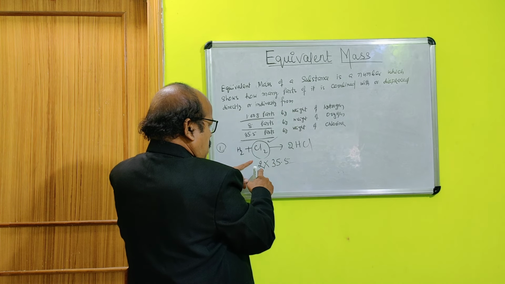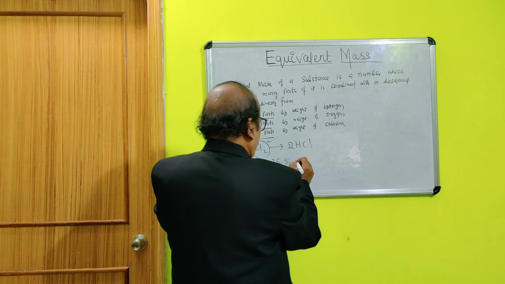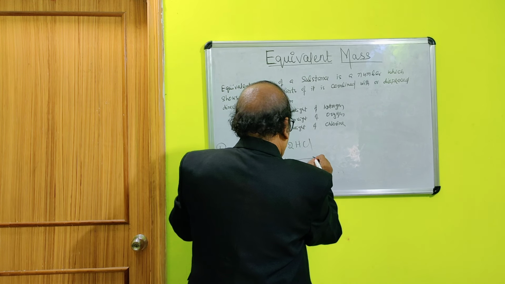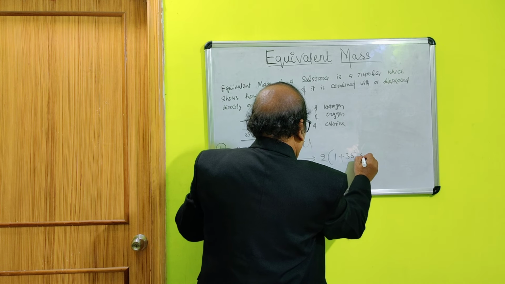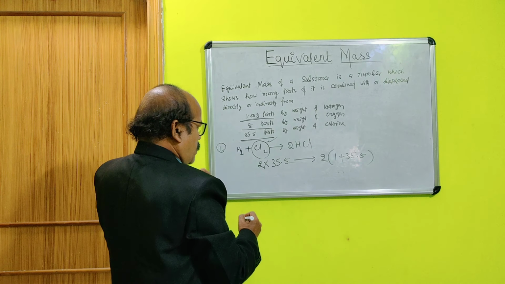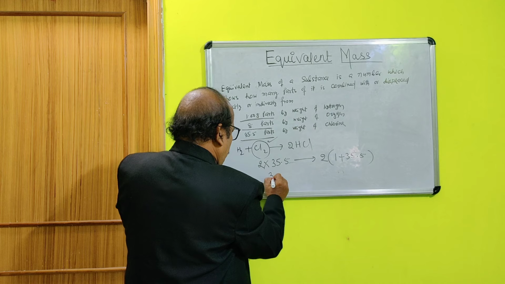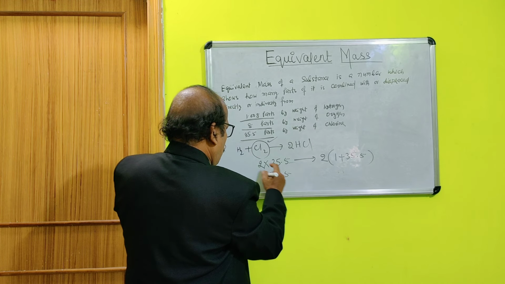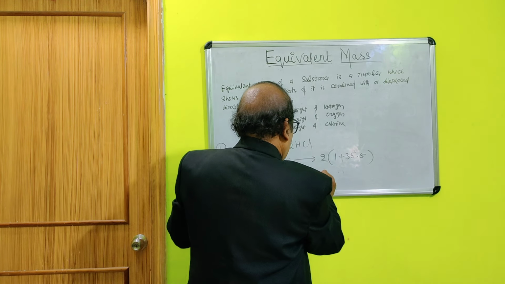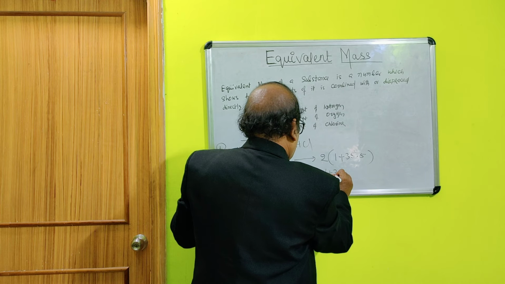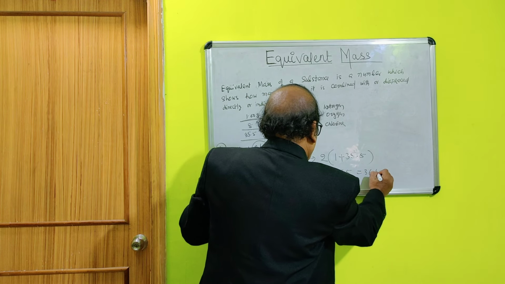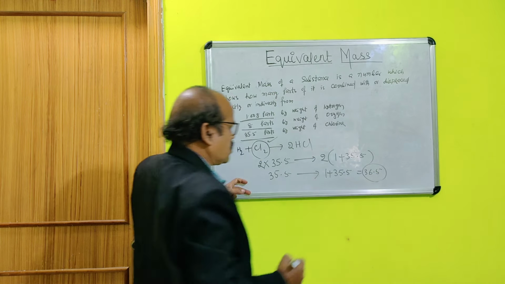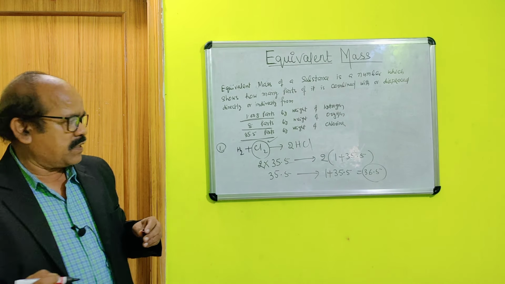So 2 chlorine atoms are there, hence I have written 2 into 35.5 will give rise to 2 into (1 plus 35.5). Hence 35.5 chlorine will give 1 plus 35.5, that is equal to 36.5, is the equivalent mass of hydrogen chloride.